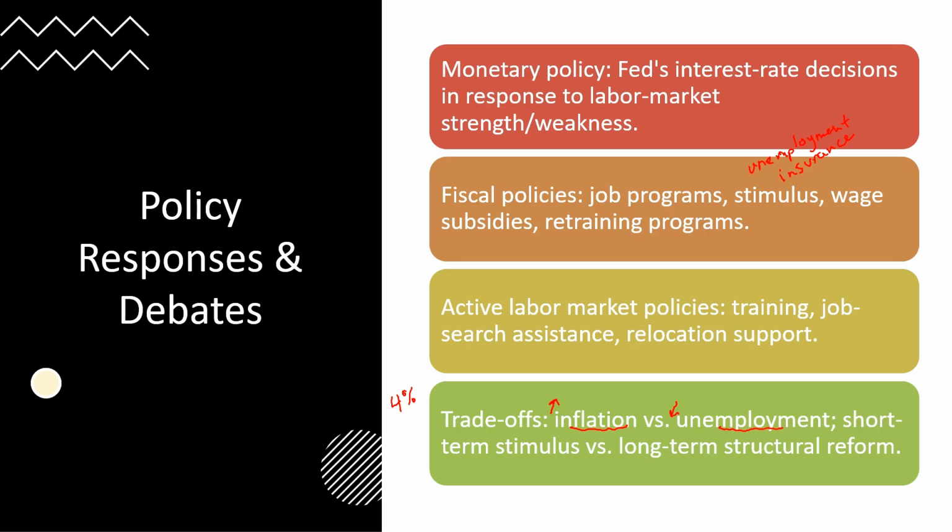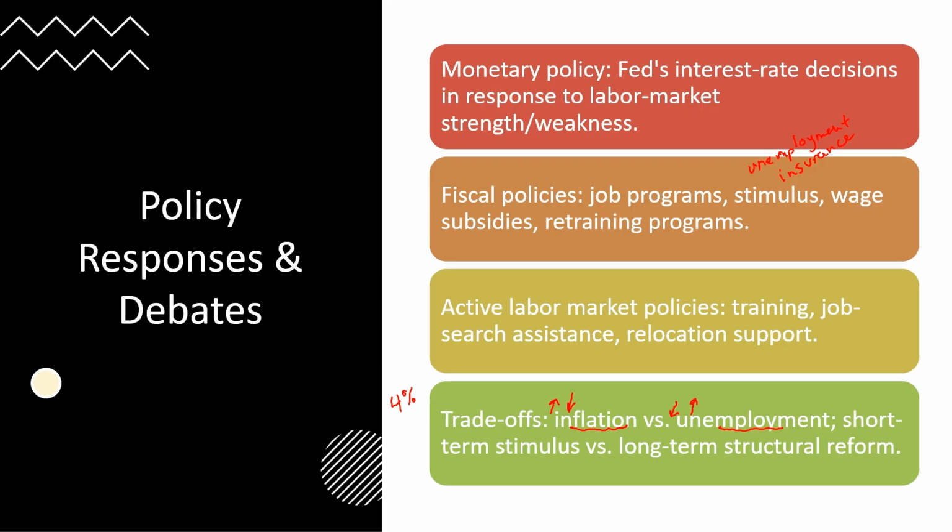And vice versa, if you want low inflation, then you may have higher unemployment, because if you want to lower inflation, you're going to raise interest rates, which is going to slow down the economy, which means companies are going to either not hire or start laying off. So that's the inverse relationship between inflation and unemployment.